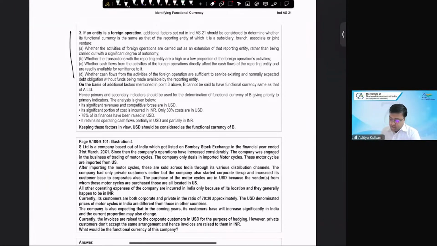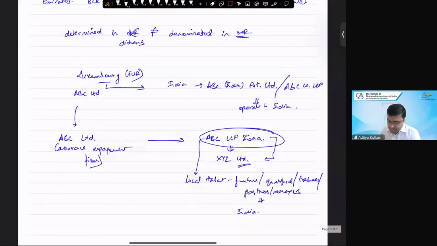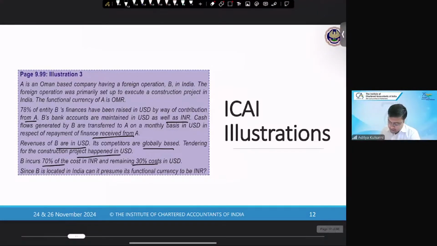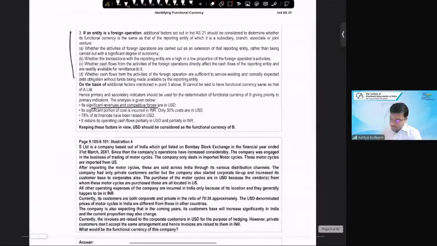Now, in this case, revenues and competitive forces are in USD. Somewhere they said bidding happens in USD, right? Somewhere they have mentioned tendering happened in USD. A significant portion of cost is incurred in INR; only 30% of costs are in USD. 78% of the finances have been raised in USD, and it retains operating cash flows partially in USD and partially in INR.